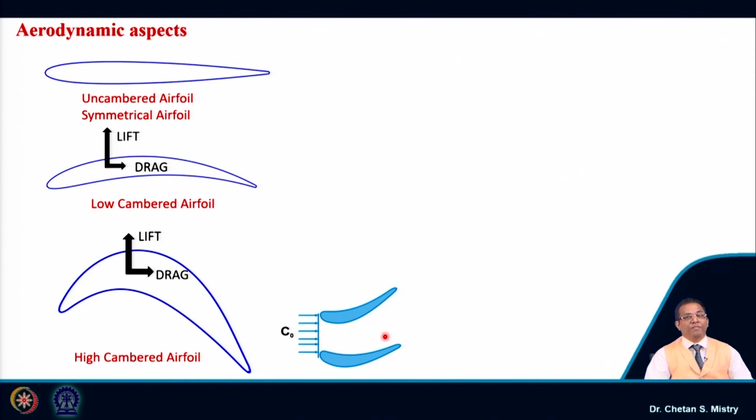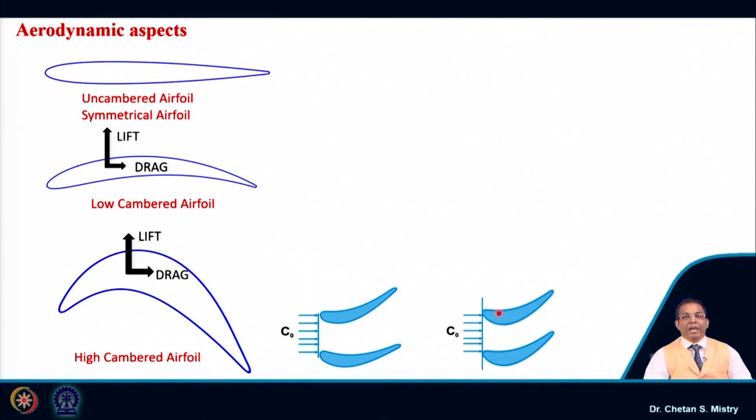If we recall what we have discussed, this passage is representing the diffusing passage, and here my entry pressure and exit pressure will be different. How will it be different? My entry pressure will be lower, my exit pressure will be higher, because I am diffusing my flow.